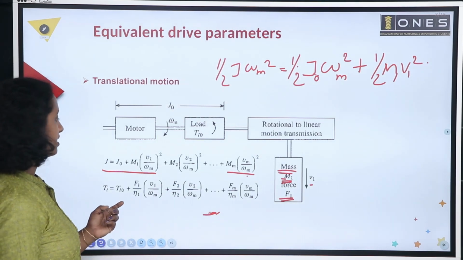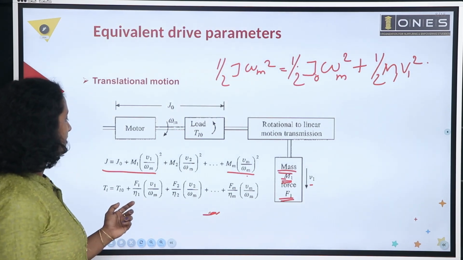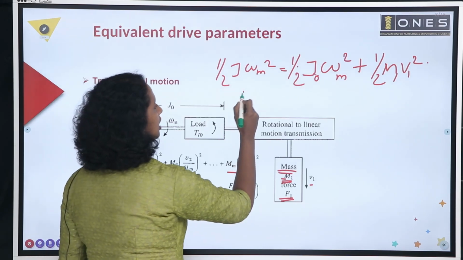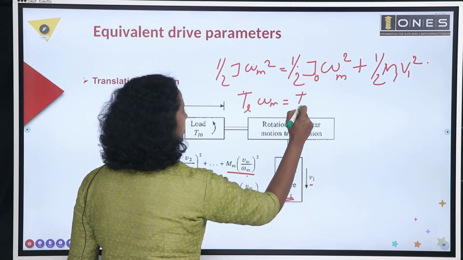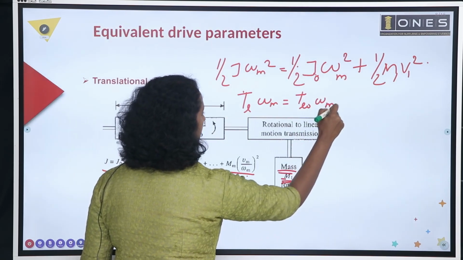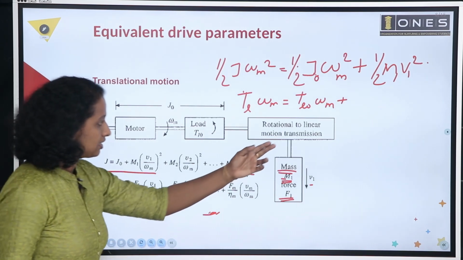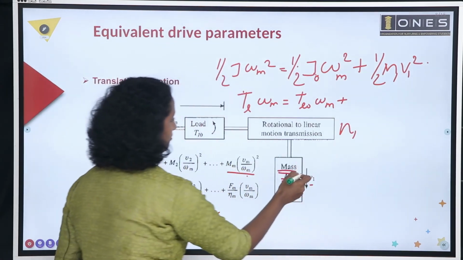Okay, and this is another equation for getting the equivalent load torque. In this case, we are equating the power, so TL into omega m is equal to TL0 omega m plus, here we are considering the transmission efficiency eta 1. Eta 1 is the transmission efficiency.